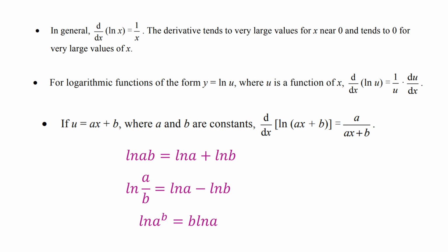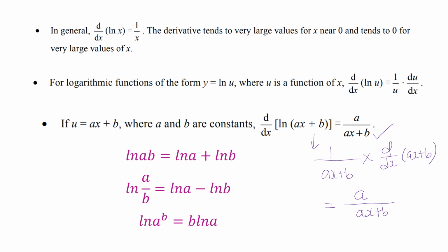So for example, if I'm going to let u be ax plus b, the derivative of ln bracket ax plus b will just be 1 over ax plus b times the derivative of ax plus b. And the derivative of ax plus b will just give you a. And with that, you have a multiplied with the numerator 1 will give you a over ax plus b. That explains what we have here.